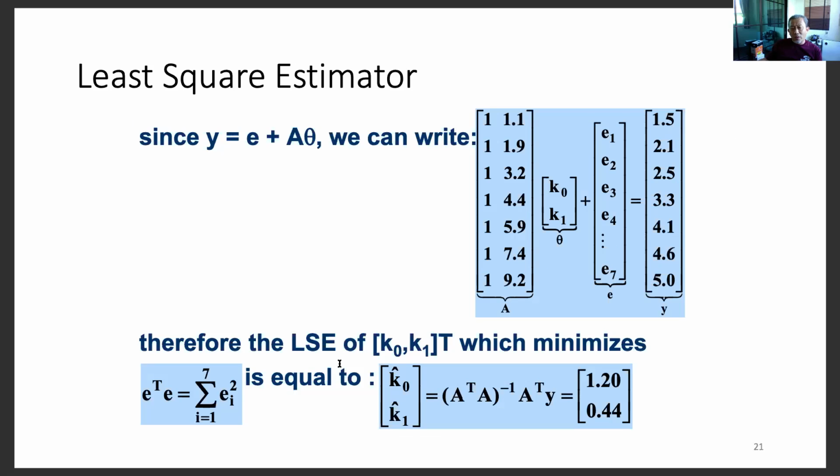Therefore, the least square estimate of the K0 and K1 multiplied by T, which minimizes this equation, is equal to K hat, K0 hat and K1 hat, the least square estimator, which is the A transpose A inverse multiplied by A transpose multiplied by Y, which is 1.2 and 0.44 respectively.